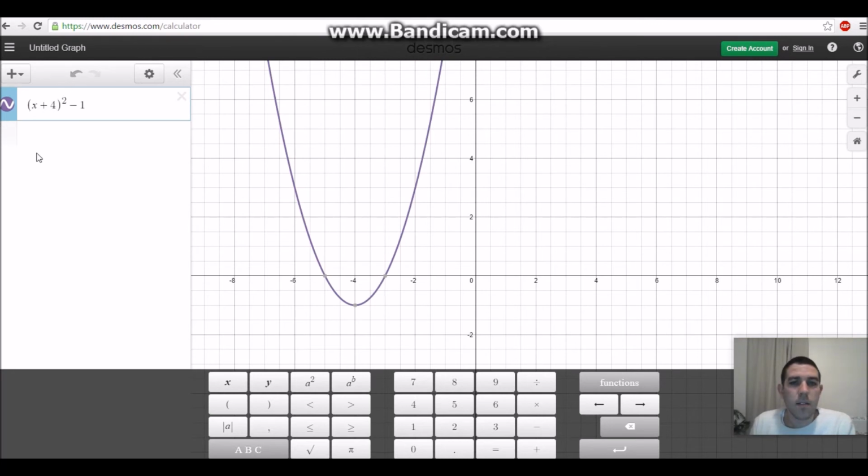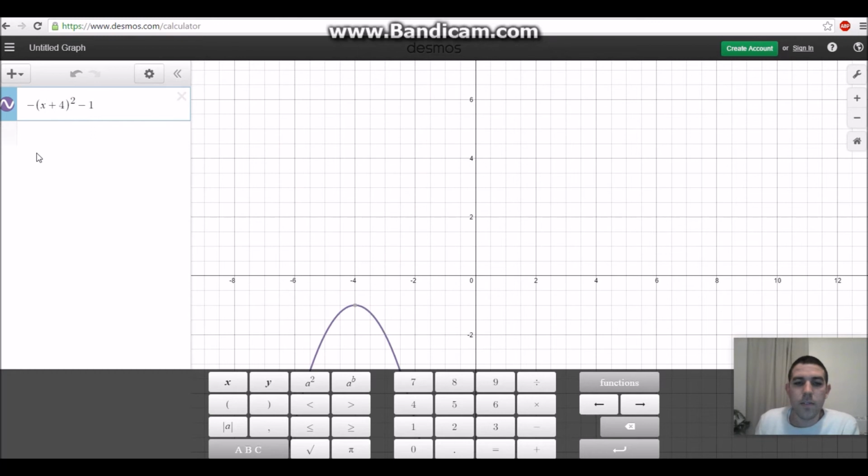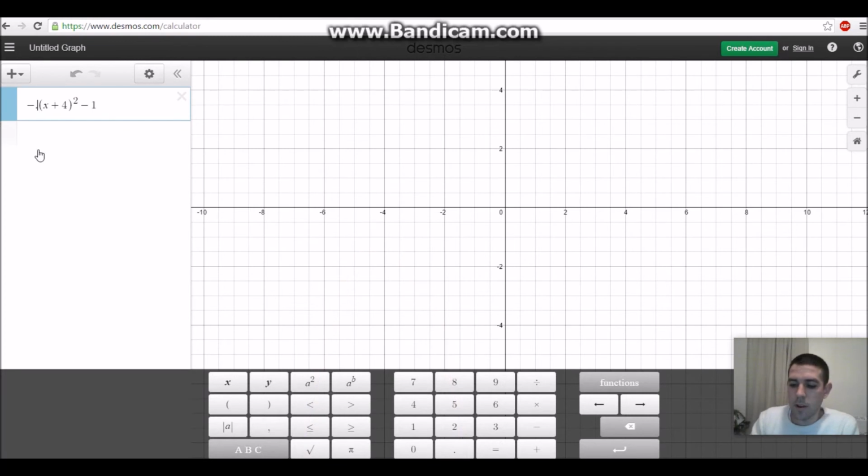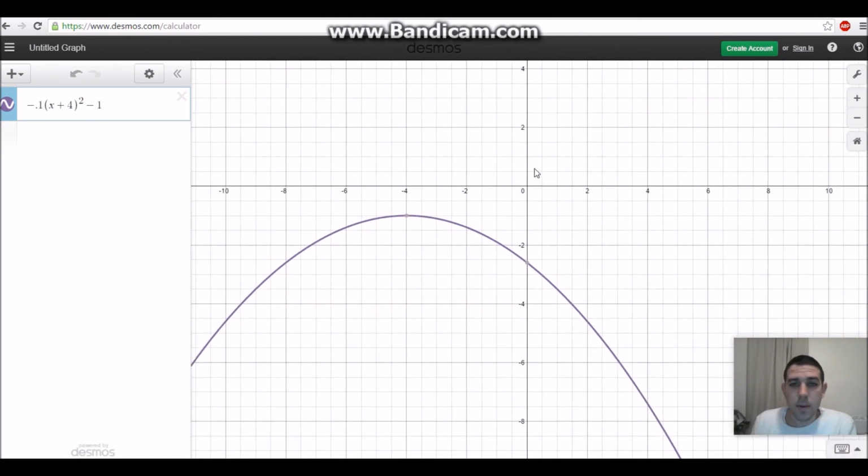Next, I want to make it reflect, so I'll put a negative in front of everything. And lastly, I want to make it wide, so I'm going to put 0.1. And there we go. We have a parabola that has been vertically translated minus 1, horizontally translated negative 4.